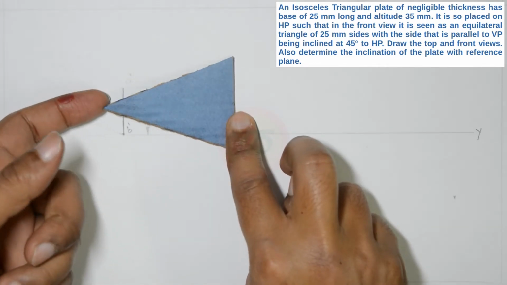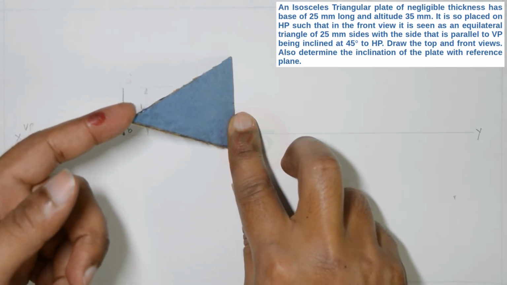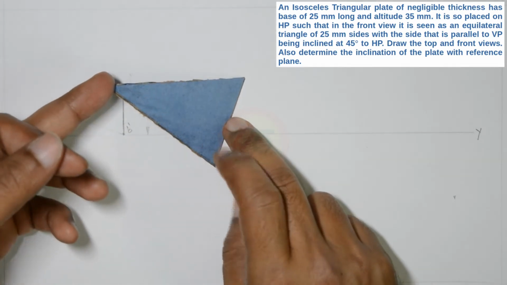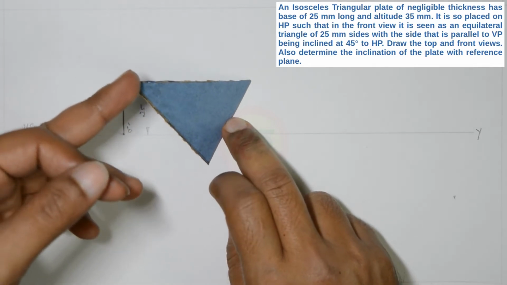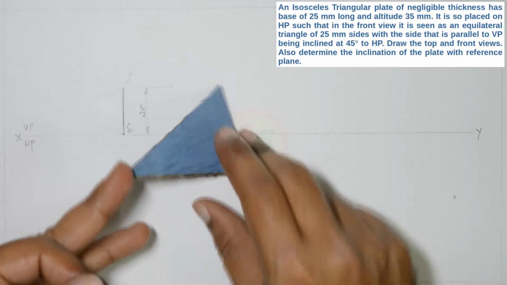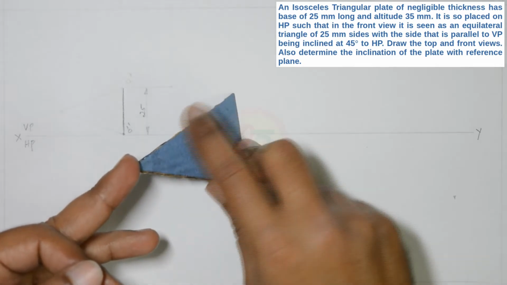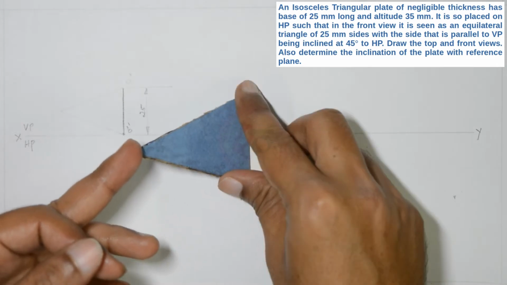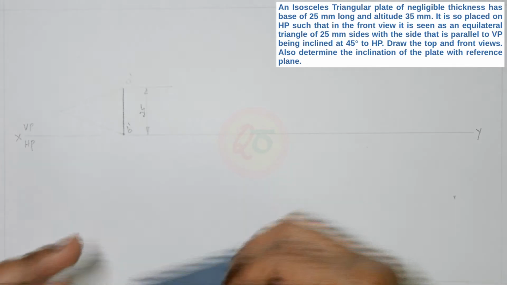So, providing inclination to the corner at a particular inclination, this triangle will begin to be seen as an equilateral triangle. We need to determine that inclination as well. These two edges will reduce in length whenever there is an inclination, and whenever this length becomes 25, we obtain an equilateral triangle. Since the base edge is parallel to VP, it will always remain 25.